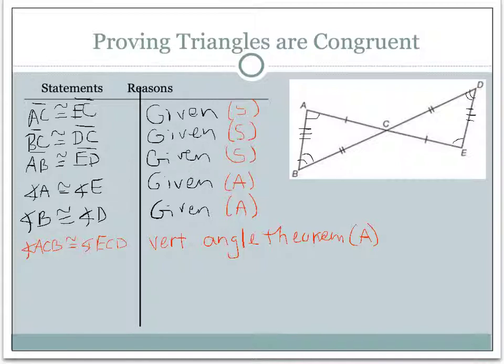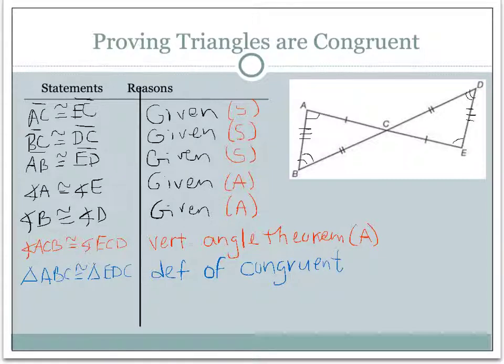So we can now state that the two triangles, triangle ABC, is congruent to triangle EDC by the definition of congruent triangles. And now we've proven that those two triangles are congruent.